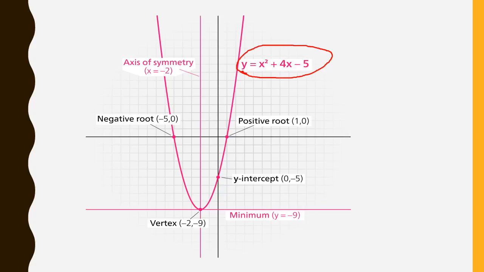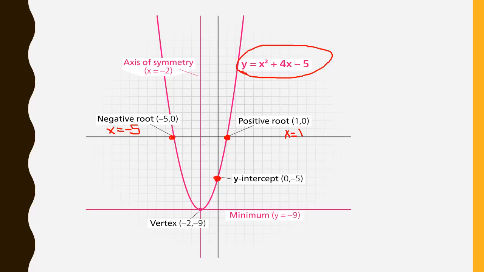If we look at this parabola, we will see that it has 2 roots, or 2 solutions for x. We have x equals 1 and x equals negative 5. It also has a y-intercept at negative 5.